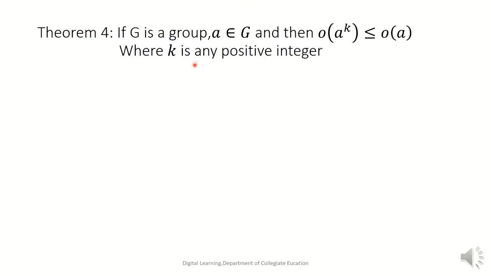That means the order of any integral power of an element a of a group cannot exceed the order of a. To understand this theorem statement, let us see one example that you studied in the last video.